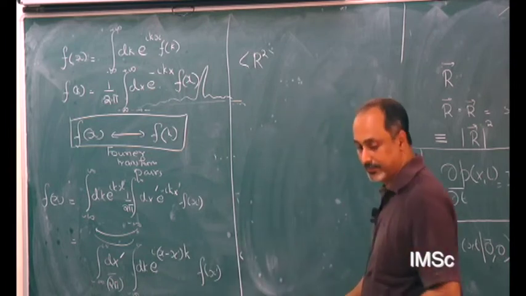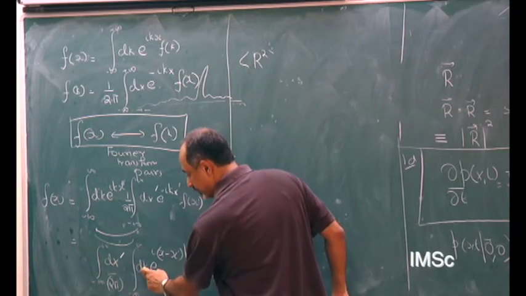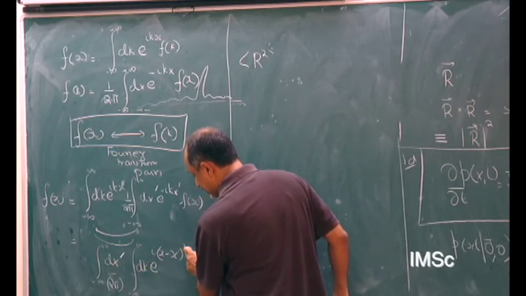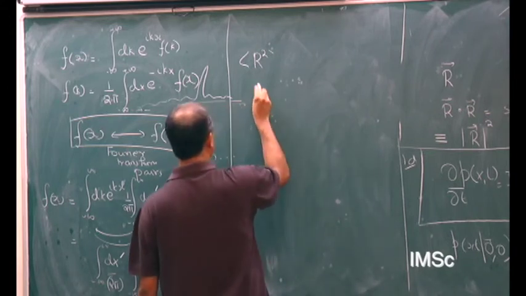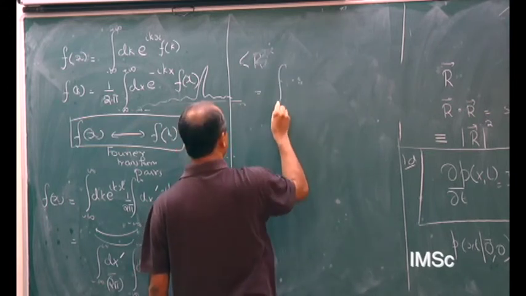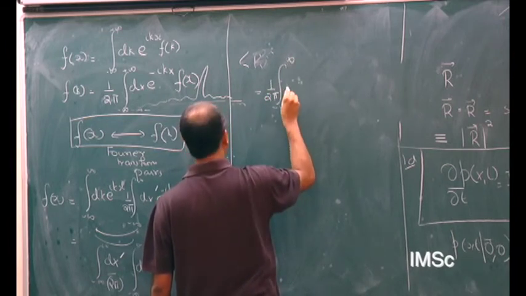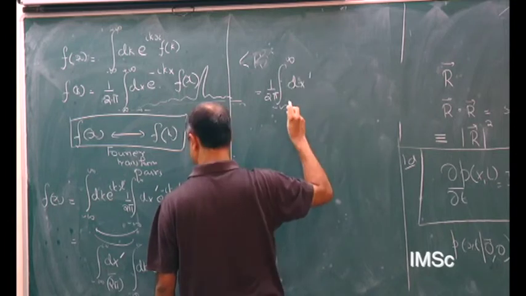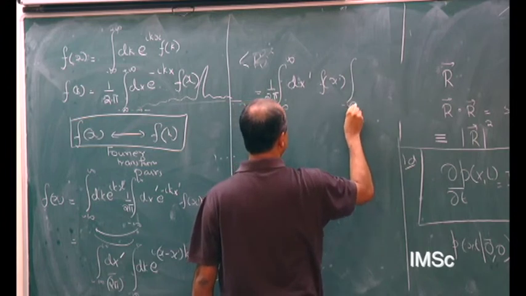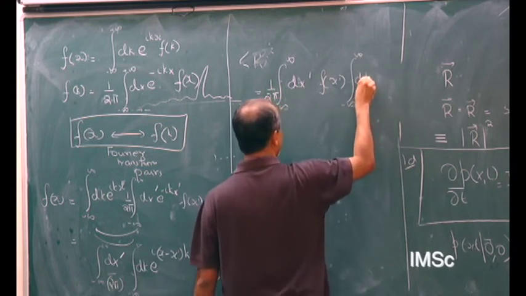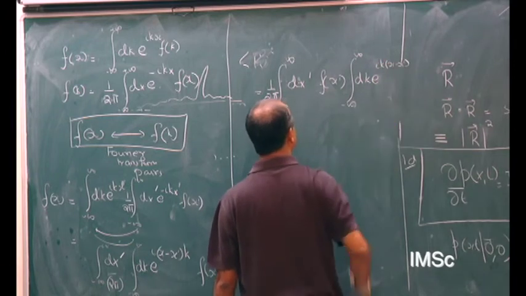But now it's even simpler, because this f of x prime, I can also pull that out, because this is dk, k appears here, but this f of x prime is not integrated over at all. So this is really the same as the integral minus infinity to infinity 1 over 2 pi sitting outside dx prime f of x prime integral minus infinity to infinity dk e to the power i k times x minus x prime.